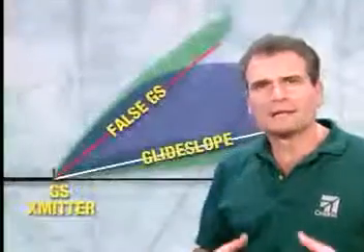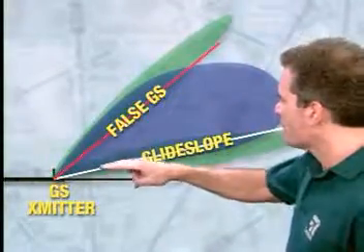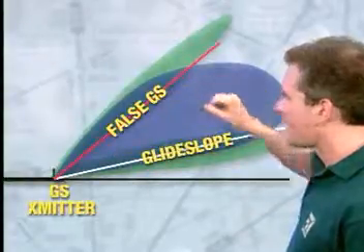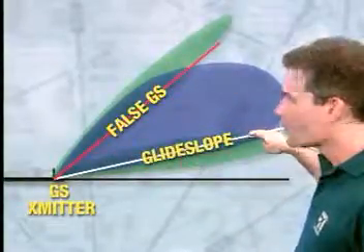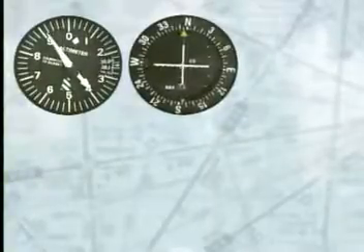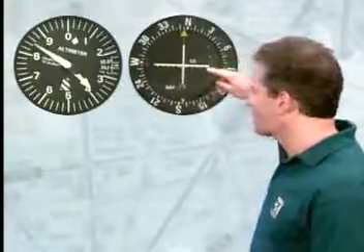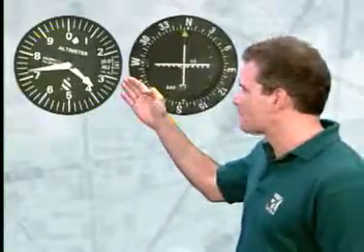Occasionally, however, the bottom signal bounces off the ground and creates a false, much steeper glide slope above the real one. You can recognize a false glide slope because it will show either an on-glide path or a fly-up indication when you are at least twice as high as you should be for a normal glide slope at that point.